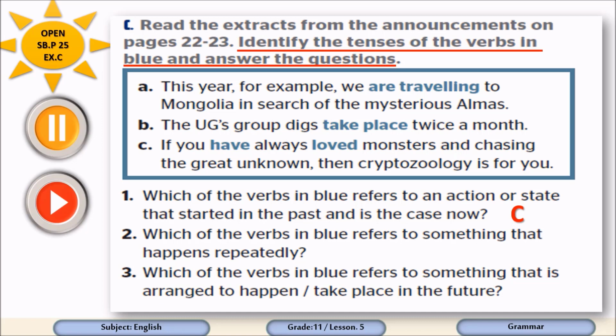Which of the verbs in blue refers to something that happens repeatedly? B. Very good. Number 3. Which of the verbs in blue refers to something that's arranged to happen or take place in the future? Excellent. That's A. Good job.